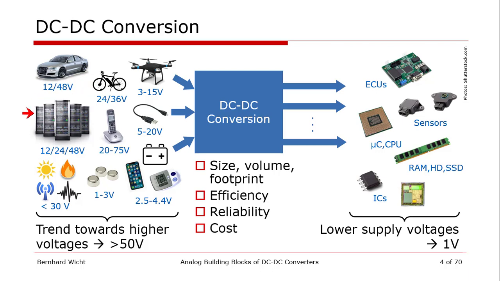Typical examples are IT servers and automotive, where we get 48 volts as the input voltage. Now the task of DC-DC conversion is to convert these voltages to supply various ICs and functional blocks on ICs, which see the trend of a decreasing voltage towards approximately 1 volt. For power efficiency reasons, we go further down.